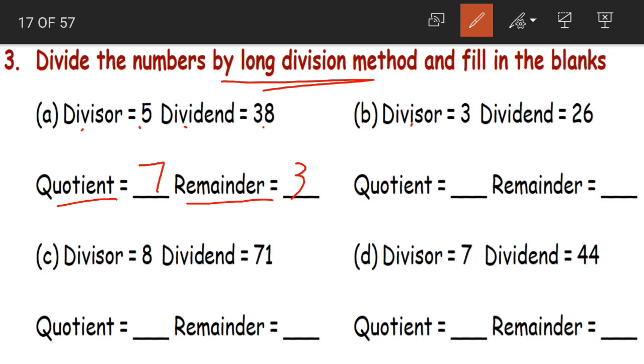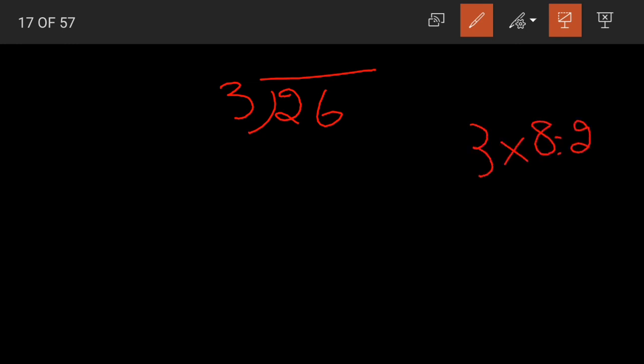Coming to question B. Divisor is equal to 3. Dividend is equal to 26. 26 divided by 3. Now if you look at the third table, we know that 3 eights are 24 and 3 nines are 27. Yes, we do not have 26 in the third table. So again, which number do we go with?